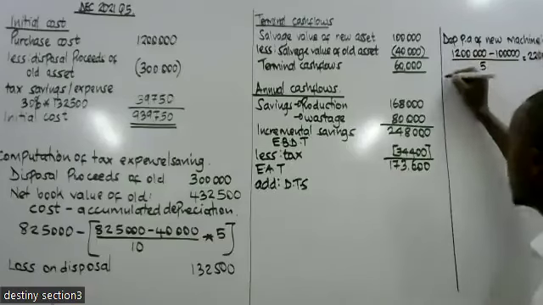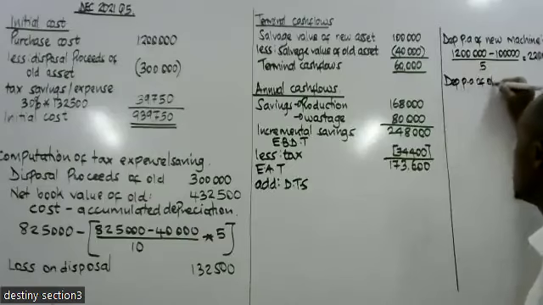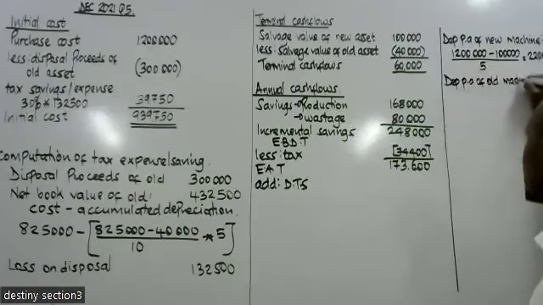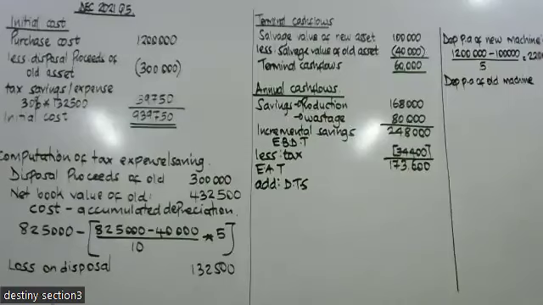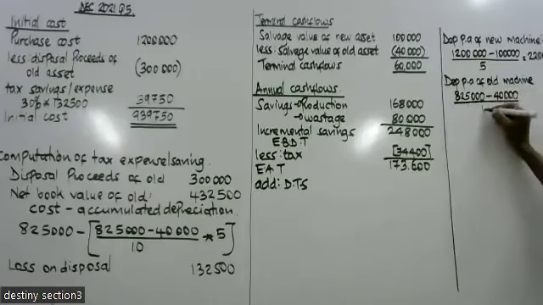Then get the depreciation per annum of the old machine. Where there is a replacement or an abandonment, the DTS will be the difference between the depreciation of the old and the new one. The old machine was how much? It was 825 minus salvage, divided by 10.